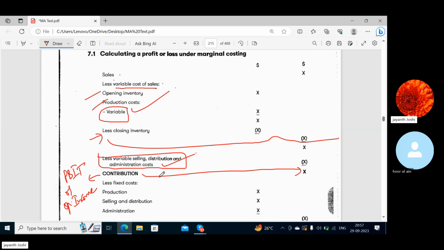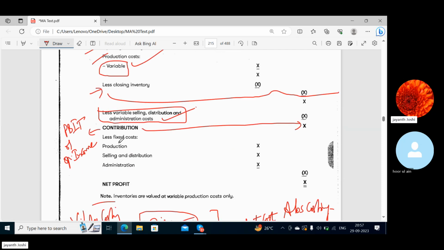So you got contribution, then you deduct any kind of fixed cost. This is marginal costing, I'm telling you. I have already given the examples. You are going to take variable cost like material, labor, and variable manufacturing overheads. So variable manufacturing overheads or production cost has already been taken.